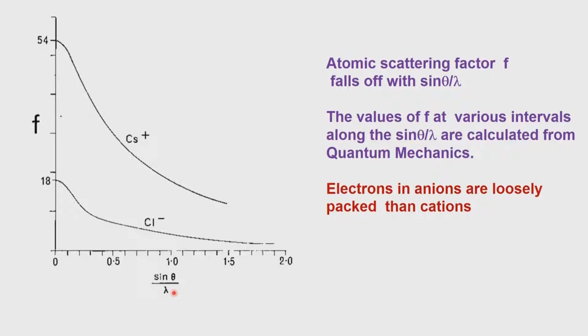So, f versus sin theta by lambda varies in this particular fashion. There are certain things which are associated with this plot which I will discuss as well, but at this moment you see that the atomic scattering factor f falls off with respect to sin theta by lambda, and at very large values it is becoming very small.